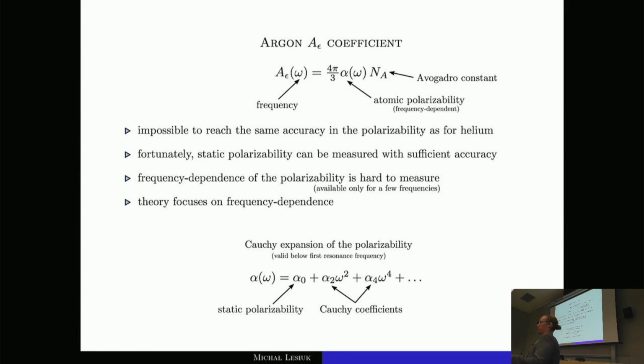Polarizability is more difficult because it's basically a second-order property. You need a response to calculate the polarizability. For magnetic susceptibility, in the non-relativistic case, it's just the expectation value of r squared.